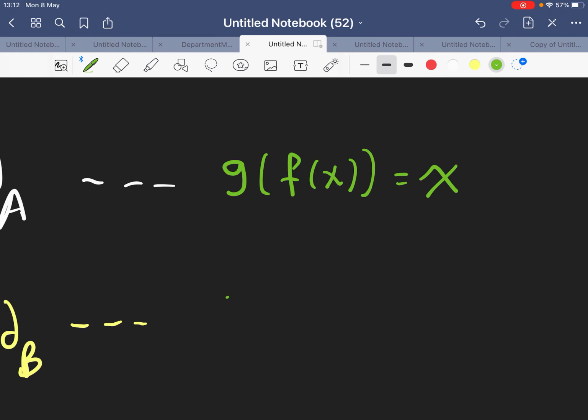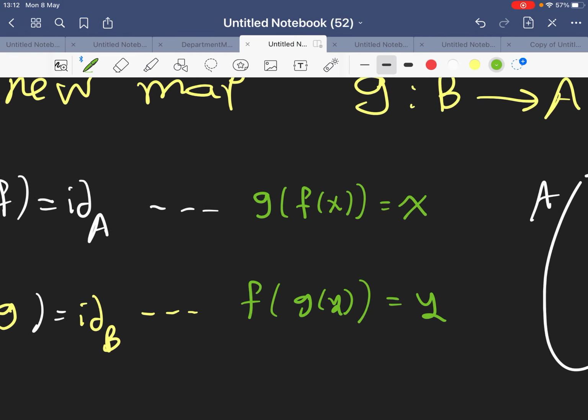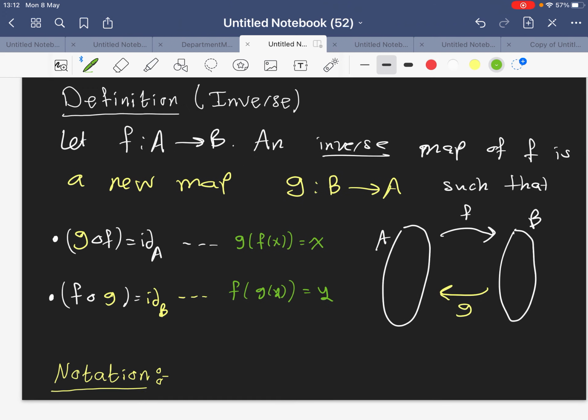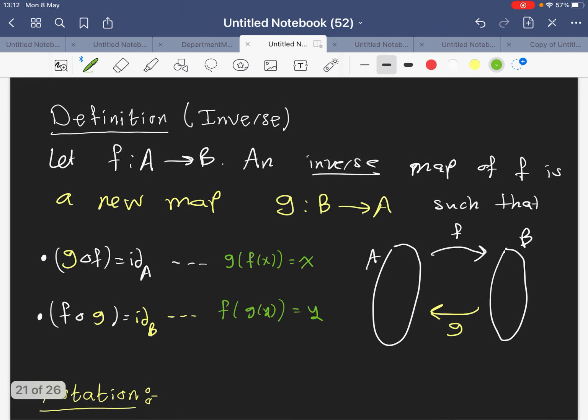So this is the same as saying f of g of y equals y. So this is exactly what the inverse means and how we define the inverse. It gives me a way to move from one side to another: go from x to y, come back to x, or go from y and come back to the same y.